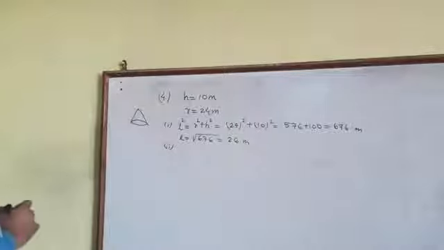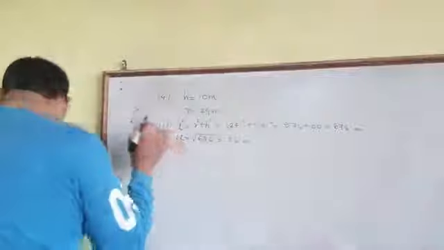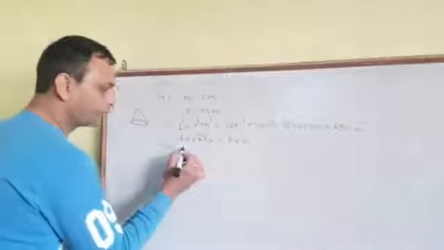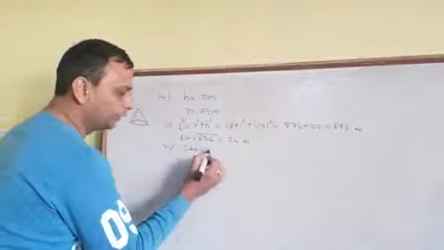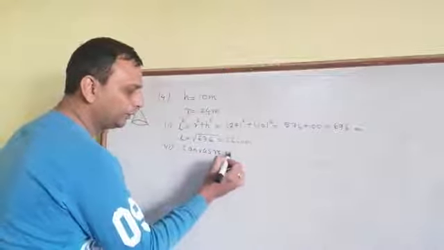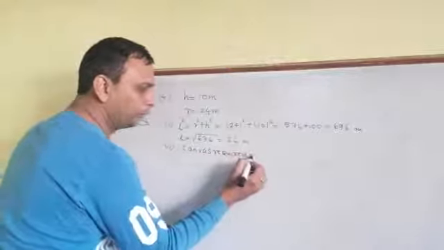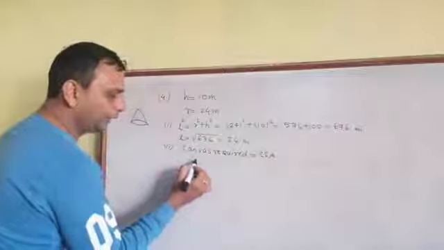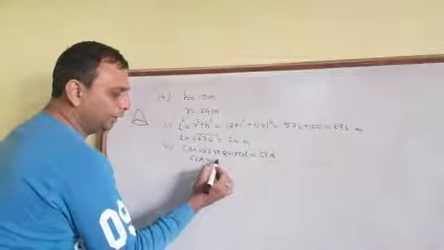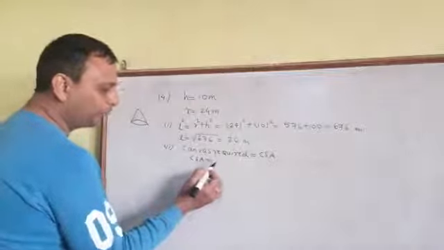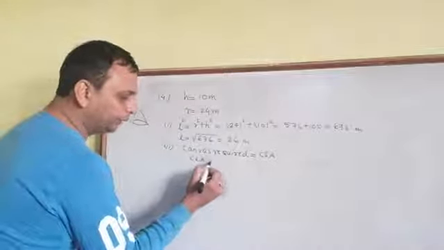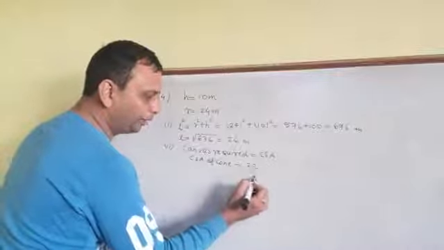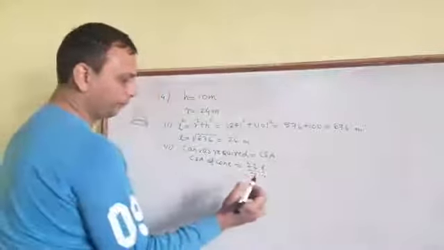First we will find the area of canvas required. Canvas required will be equal to the curved surface area of the cone. The curved surface area of the cone is equal to pi RL.